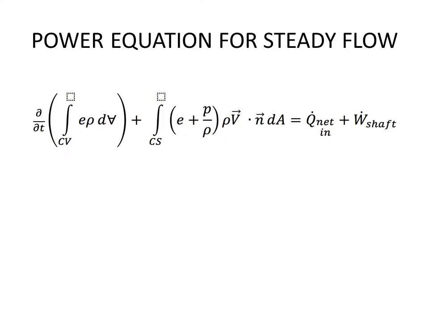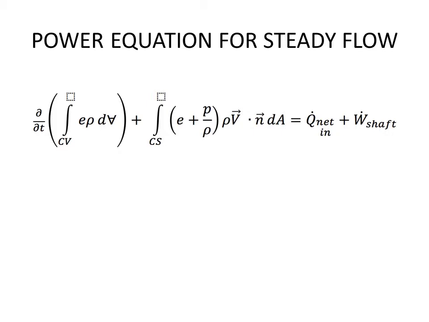Here's Reynolds' transport theorem, with E subbed in for the intensive property B. The first term in this, which is equal to the rate of change of energy in the control volume, will equal 0, since this is a constant and we are taking the derivative of it. The second term has an aspect of it, which is the density times the velocity times the area.